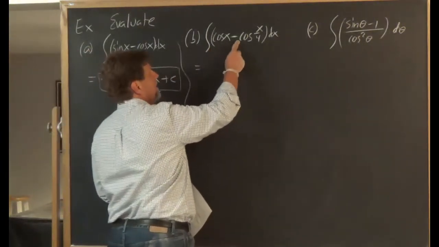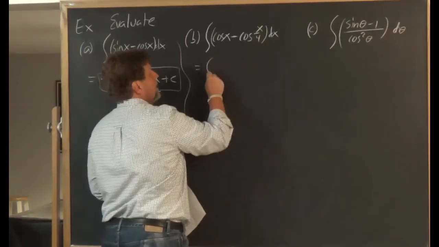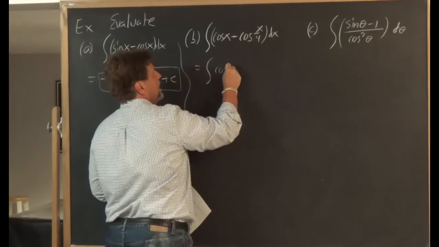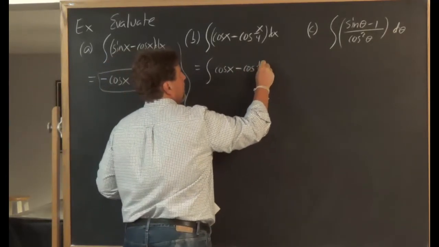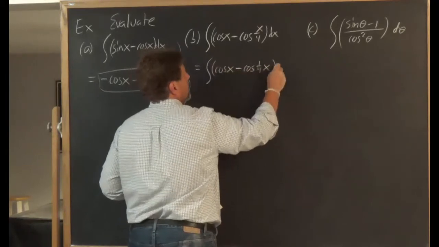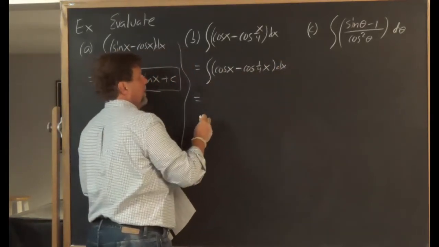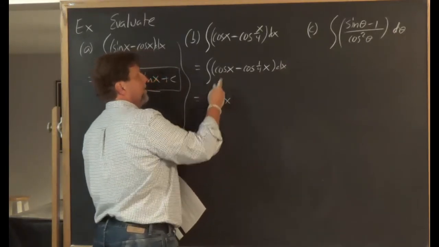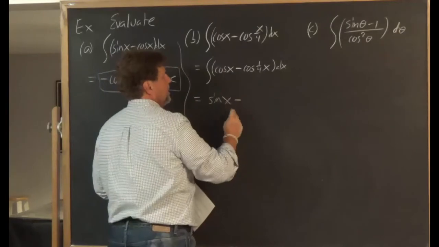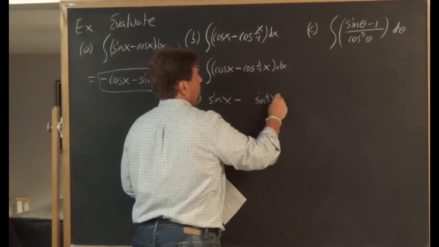Part B, integrating cosine x minus cosine x over 4. Keep in mind that cosine of x over 4 is really the same thing as cosine of 1/4 x. So the antiderivative of cosine, well, that's sine, because the derivative of sine is cosine. And here we would have sine of 1/4 x.